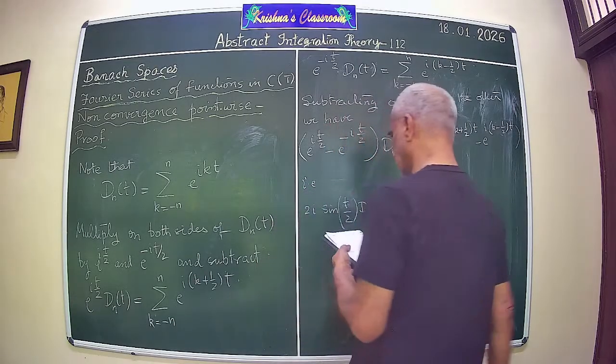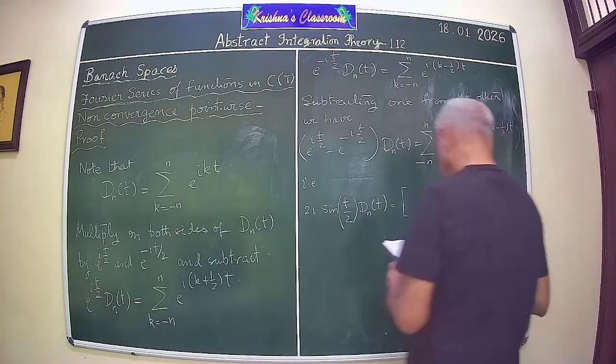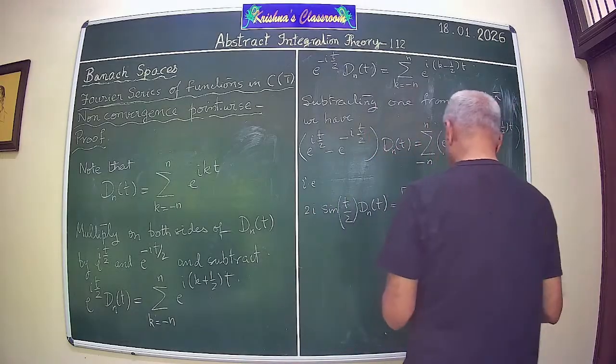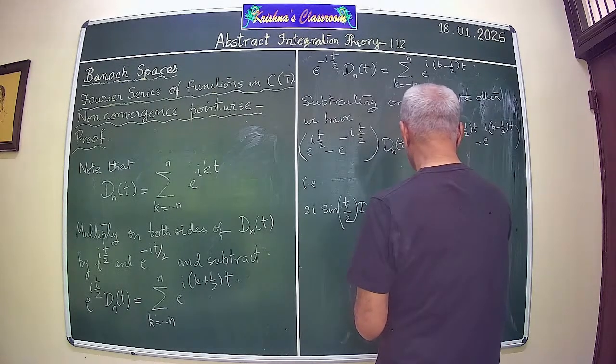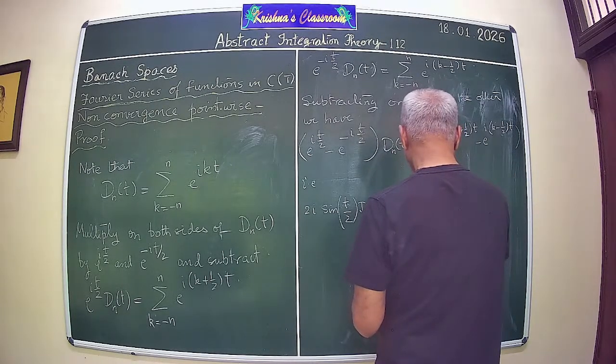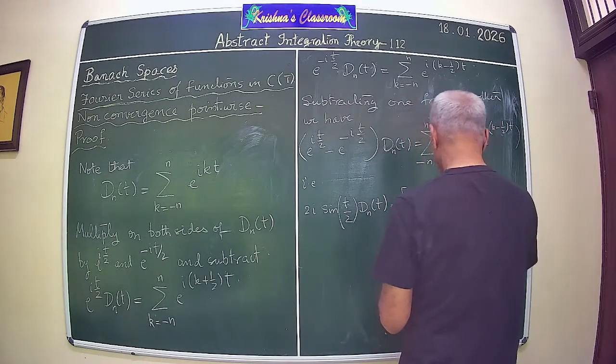We will just write the terms from minus n all the way to n, but we shall make the observations. Some cancellations take place. With minus n we are writing.